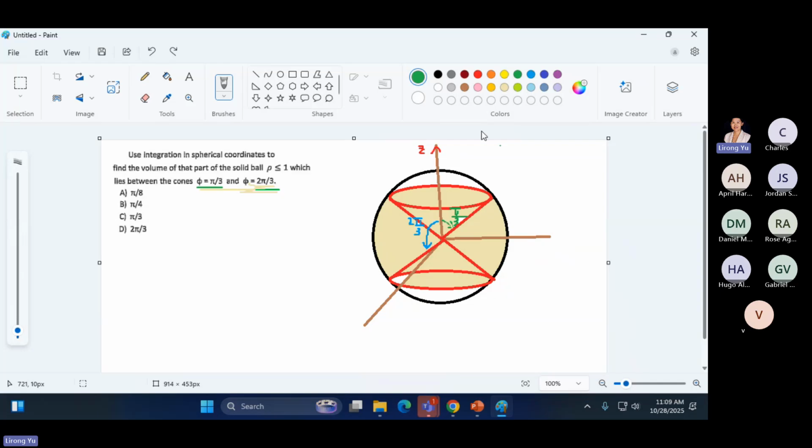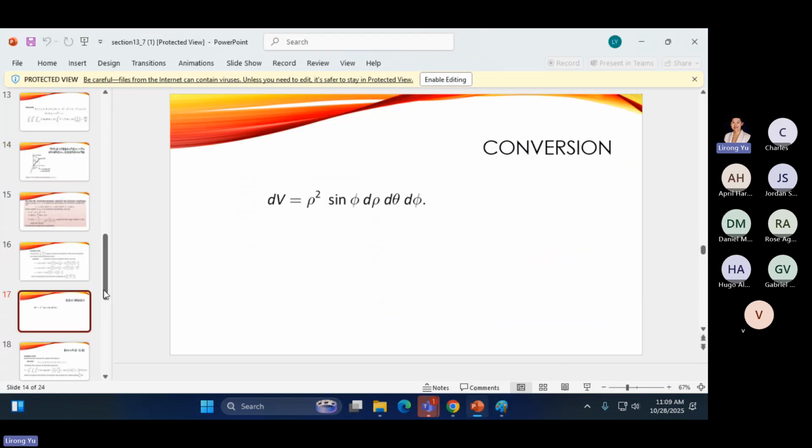When you are calculating a volume, based on what we mentioned before, it is a triple integral of dV, a three-dimensional differential. In Cartesian coordinates dV is dx dy dz, but here we are looking at dV in spherical coordinate. As I mentioned earlier, dV in spherical coordinate equals rho squared sine phi d rho d phi d theta.